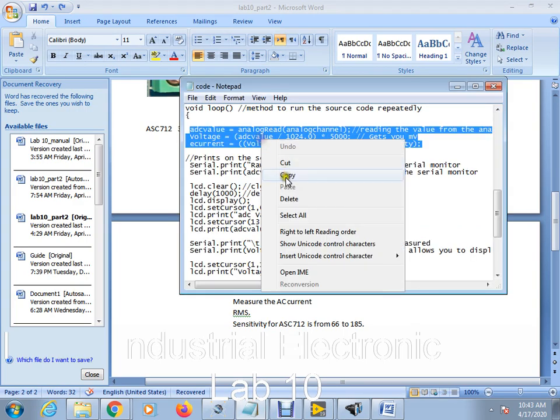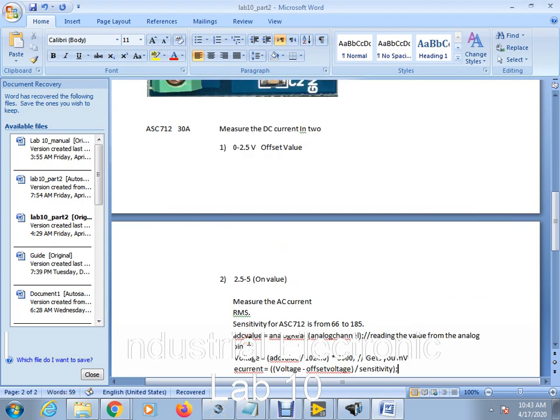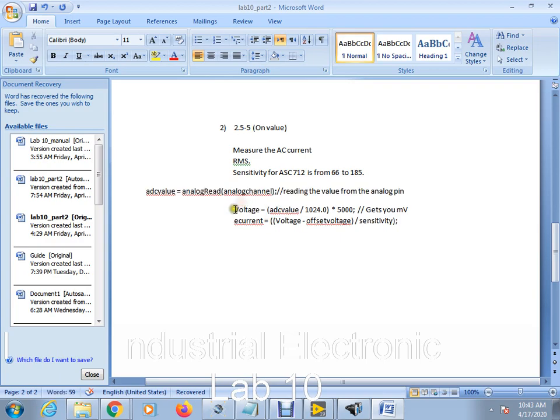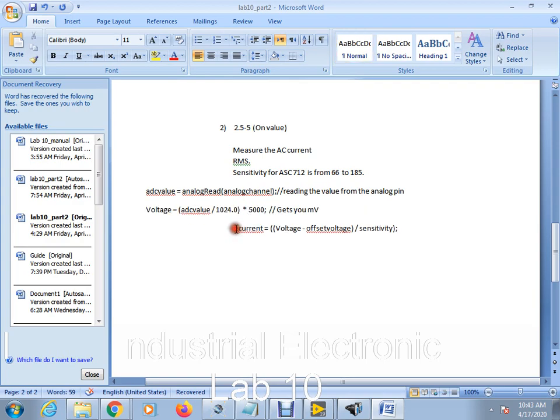So we have to discuss this point. This is the ADC value. When the analog sensor reads the analog value, it gives it to the analog pin A0.